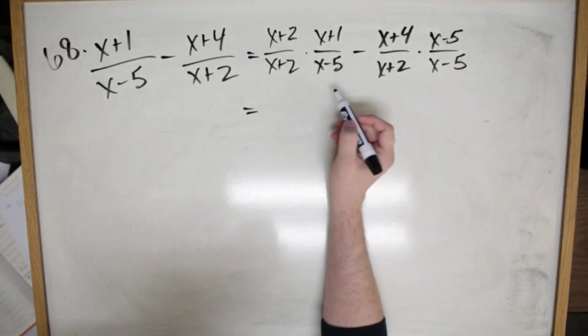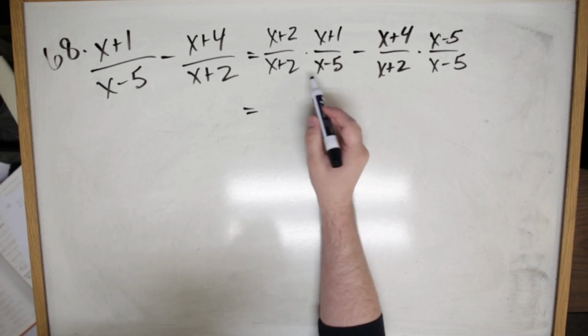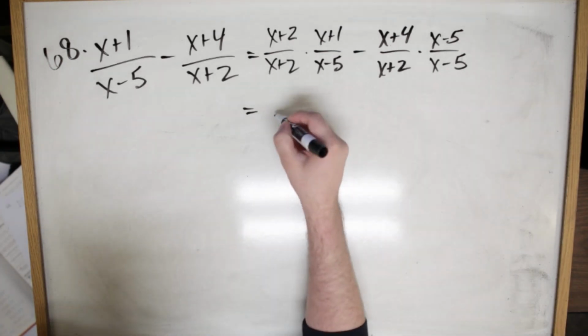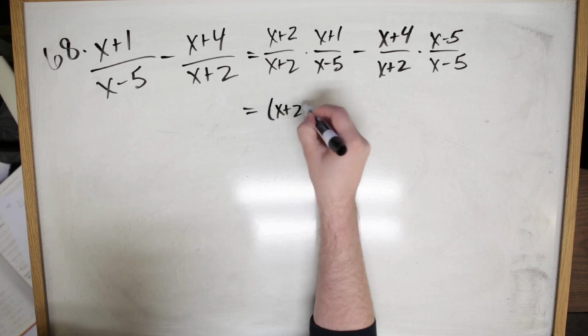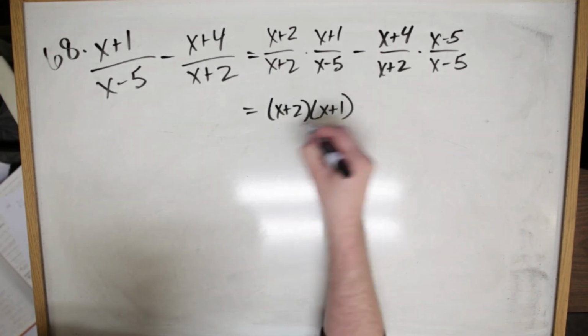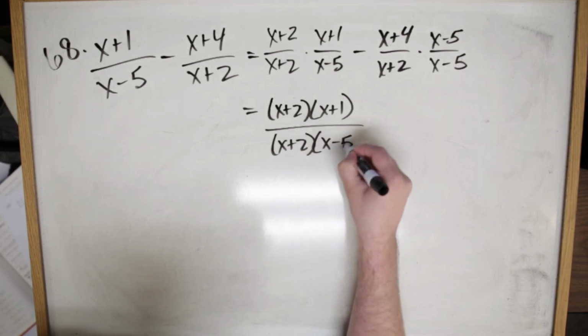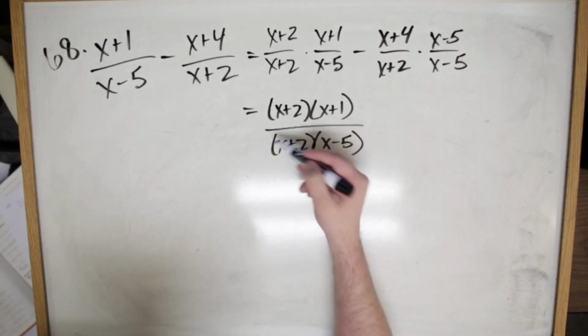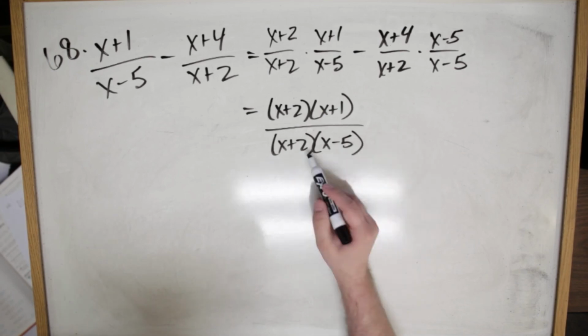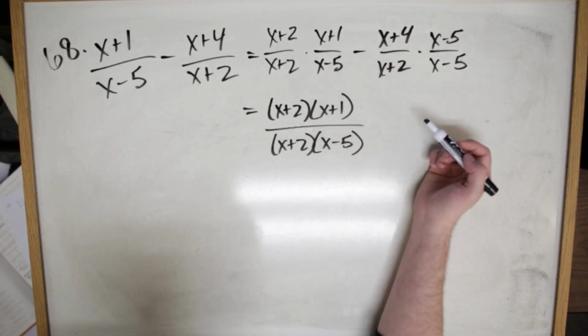Okay, so here we go. Let's go ahead and multiply these things out. X plus 2 times x plus 1 over x plus 2 times x minus 5. Okay. Normally we would cancel these, but obviously we're not doing it because we're trying to combine them together.